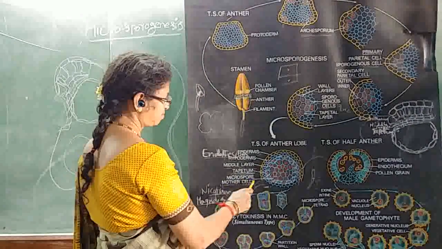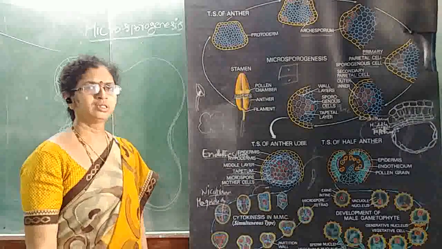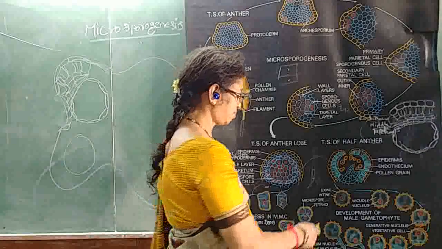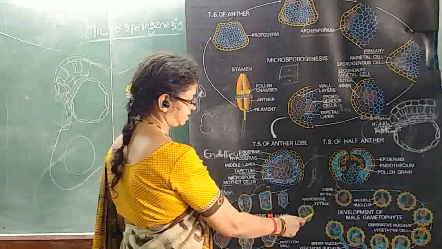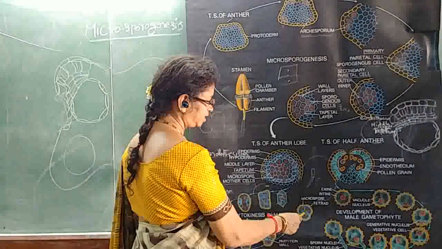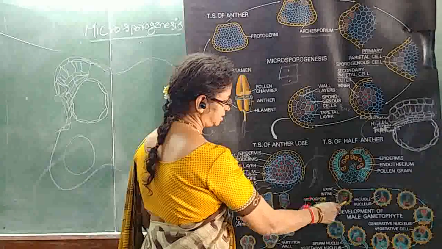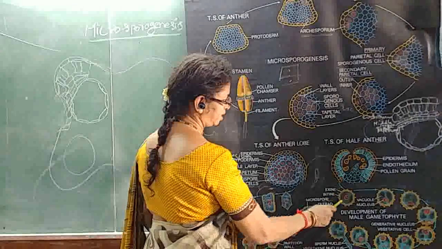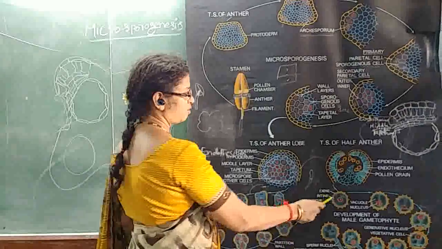These microspore mother cells later undergo meiosis, and they give rise to microspores, which are at first in the form of tetrads like this. Later, they are released from the tetrad, independent and separate, and form independent pollen grains. These are round in shape.